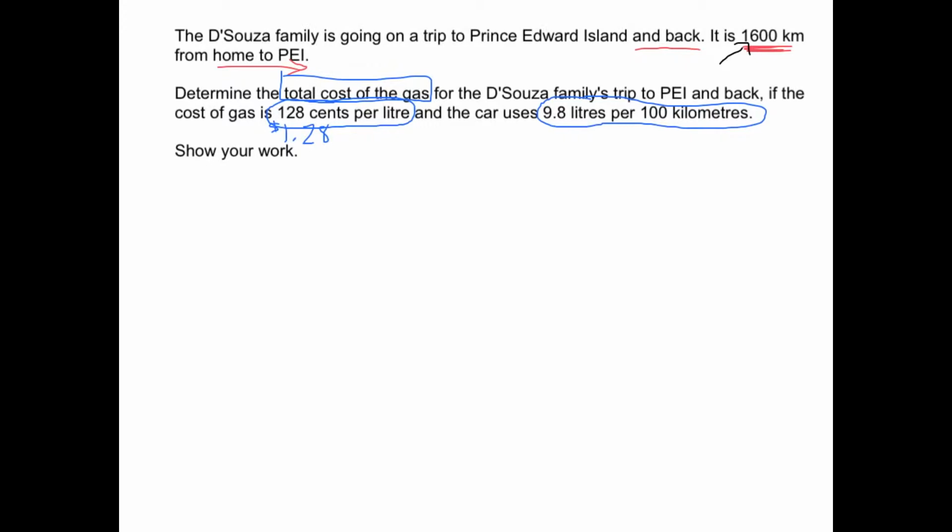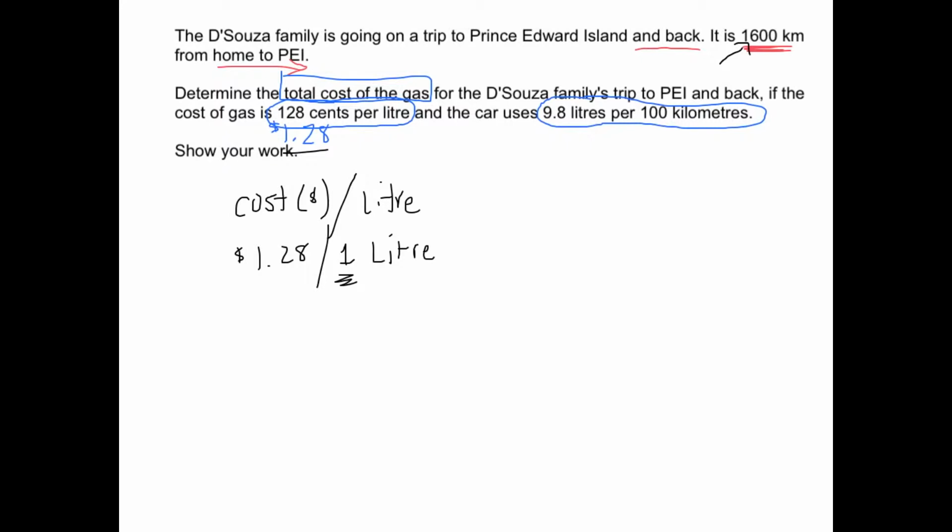Well, to begin with, we're looking at the cost of gas, so the cost in dollars, for every liter. What is that rate? It is $1.28 per 1 liter. This is a unit rate because the second term is 1, so we know the cost of gas for every 1 liter.